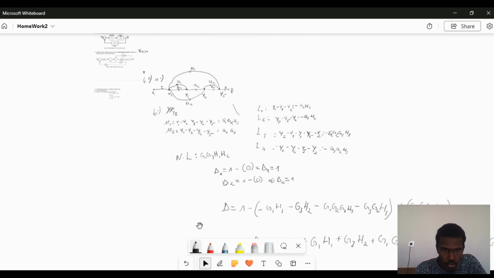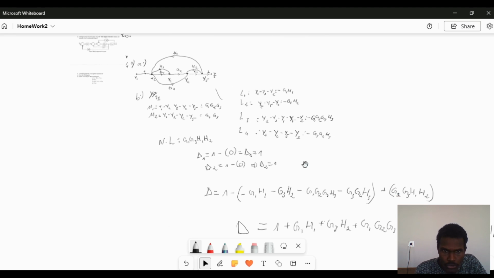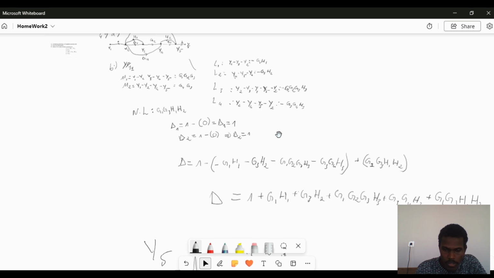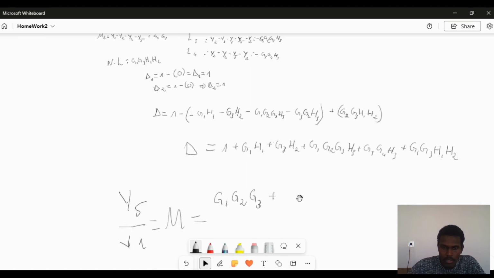M2 is equal to g3 g4, multiplied by delta 2, which is also 1.